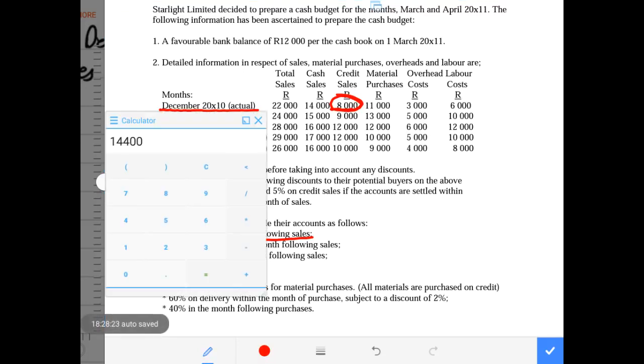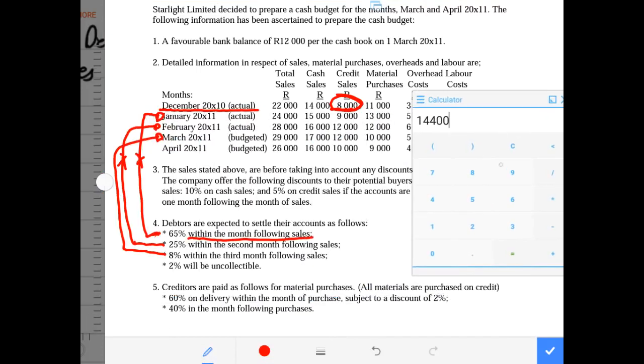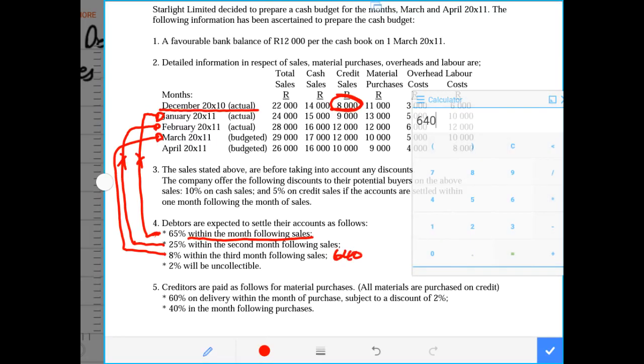So we just do our calculation: 8,000 times 0.08 gives us 640. That means 640 is the 8%, and that will be collected in the month of March. So let us go and record that in our workings.